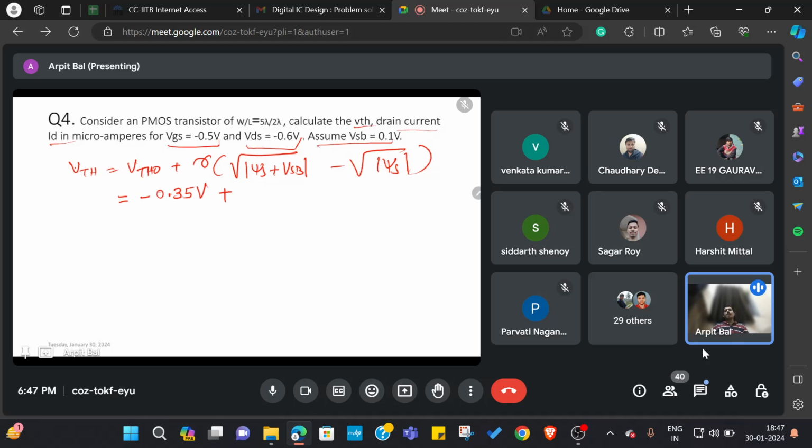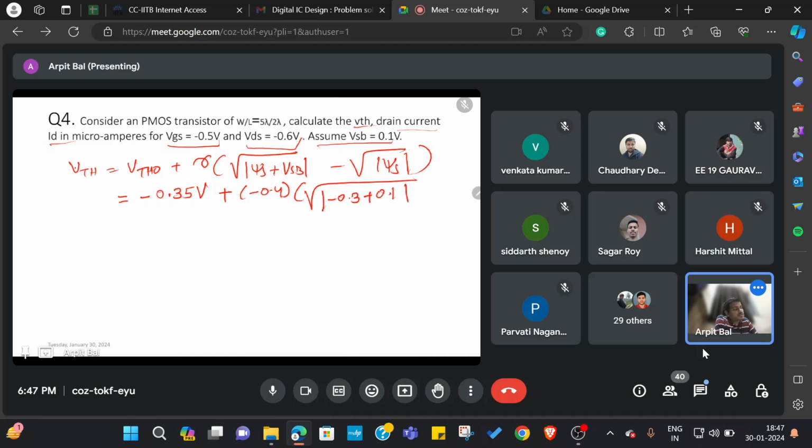Gamma P was given to us as 0.4, so we will write it as minus 0.4. Mod psi s was given to us as 0.3, plus VSB given as 0.1 volt.